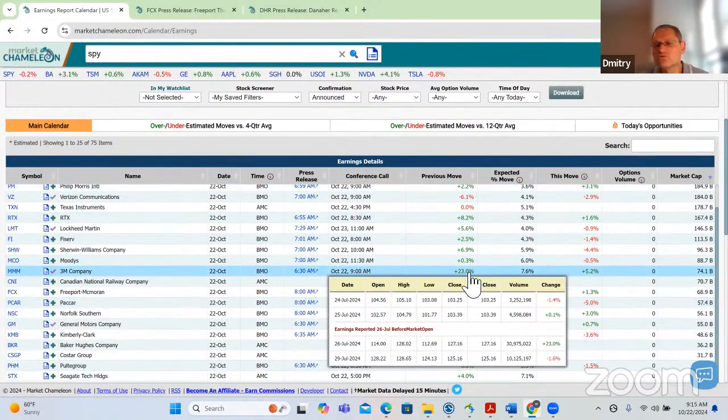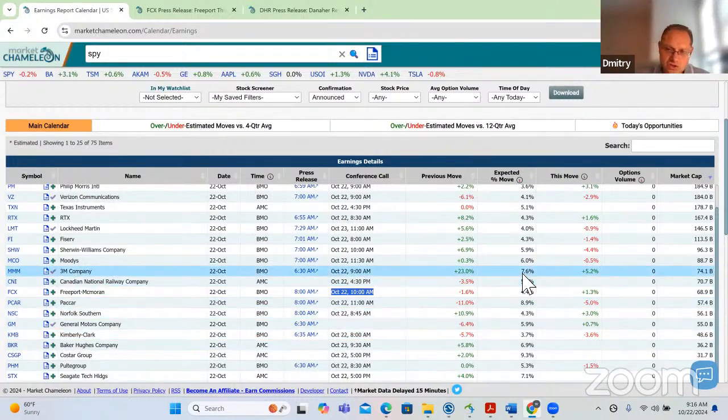So that's just one move, the last one. But if you hover over it, you're like, this one was up 23%. So you hover over it, and this is how it behaved previously, right? That doesn't mean it's going to do it again, but just for reference, you have that there. And because that's the most recent move, that's what it did most recently.